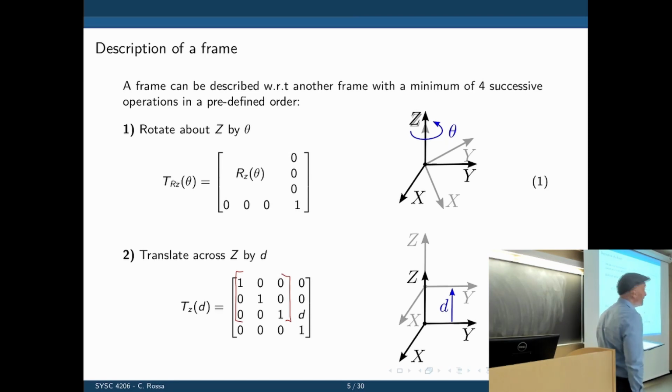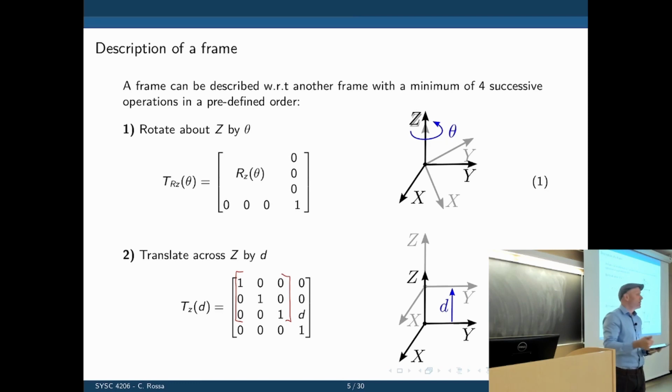When you have an identity matrix there, that means there is no rotation between the frames, because the component of XA and XB is 1 and 0 everywhere else. So X's are aligned, so are Y, so are Z. Does that make sense?